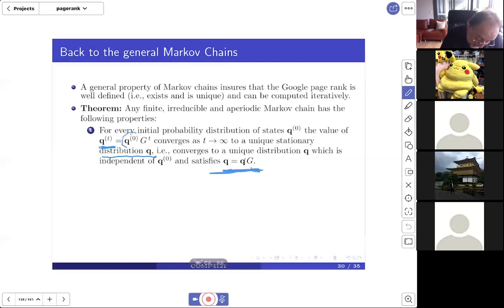And moreover, this distribution Q can be obtained iteratively, starting from any initial distribution, say the uniform one over M for all web pages. If you multiply this distribution with a sufficiently large power of G, of course you won't get exactly Q, but if T is sufficiently large, you will almost be at the stationary distribution.